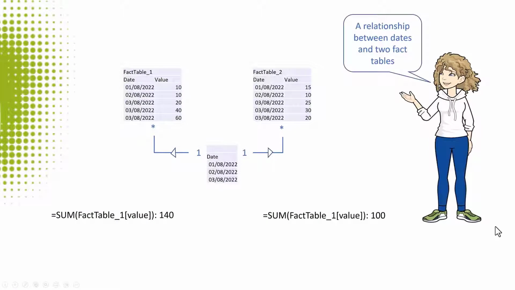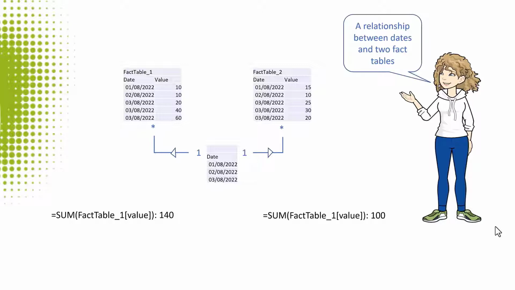Having said that, this is a representation of two fact tables and one dimension table. We like to call this dimension table a filter table, just to distinguish the difference between a filter table in Power BI and a dimension table in the database world.